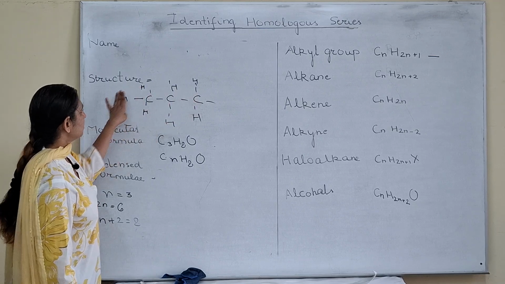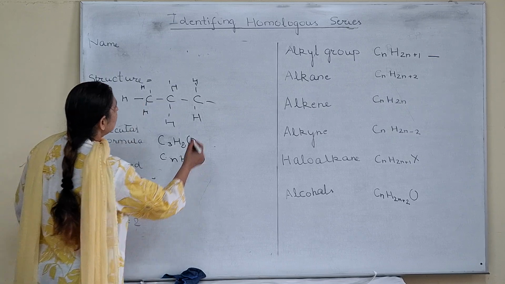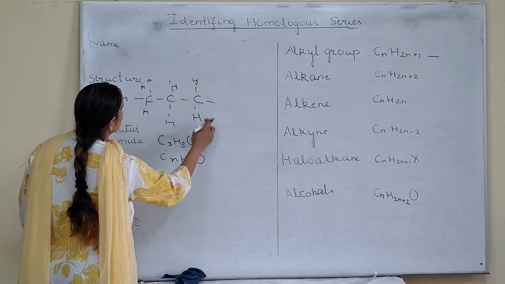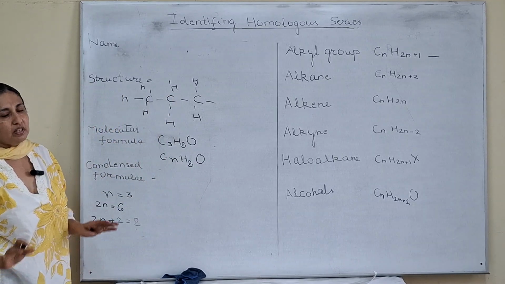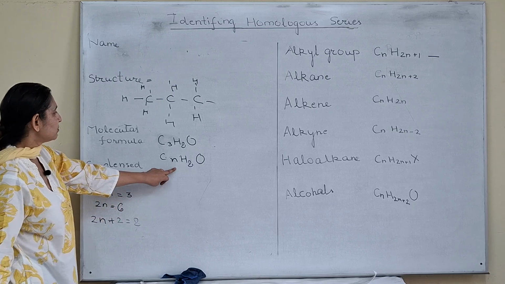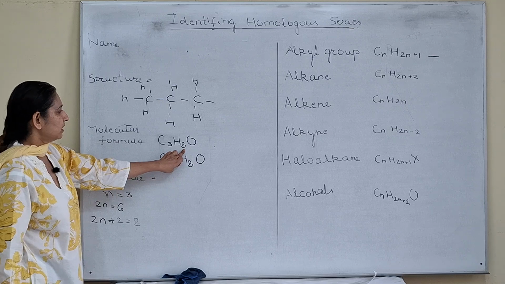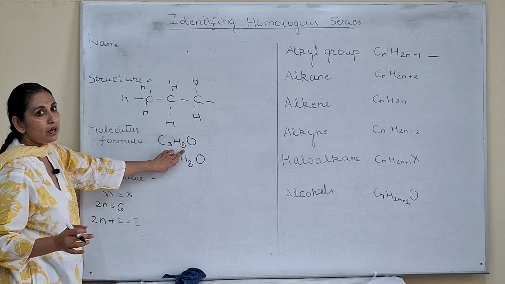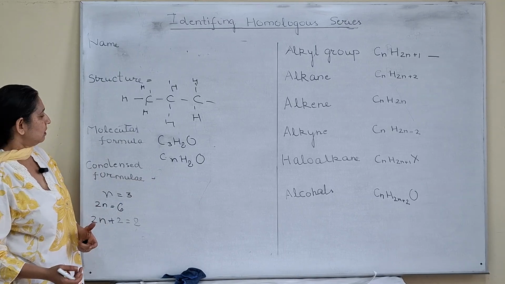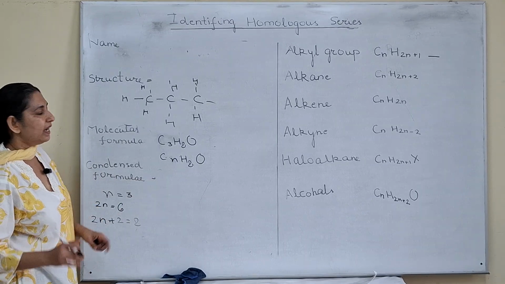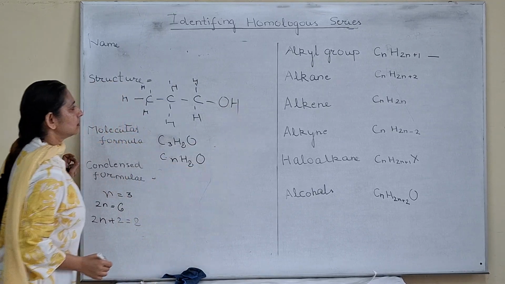We have 8 hydrogens here, and 7 have been used. Now how many hydrogens are left? We need one more hydrogen atom and we need O, which I can put like this, OH.